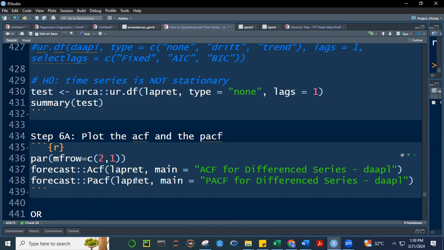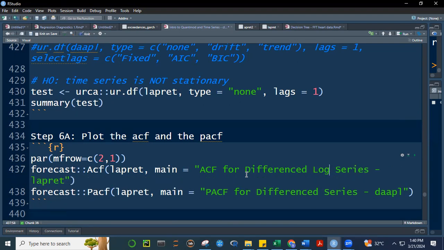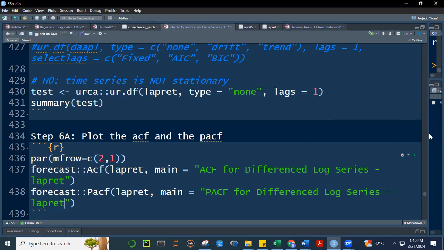So we identified the returns, the object that we're interested in, and then linagyan ko lang dito ng title, main is equal to autocorrelation function for... mali ito, no? So this should be, paki-change lang class, log AP ret. So this should be for the difference na log series. Ito din, difference na log series, LAP ret. All right, sorry for the wrong title.